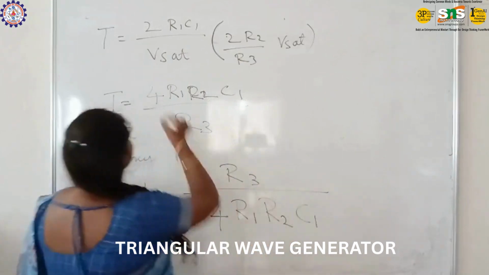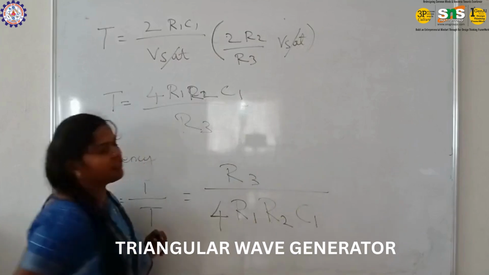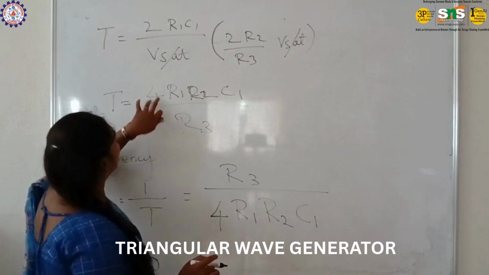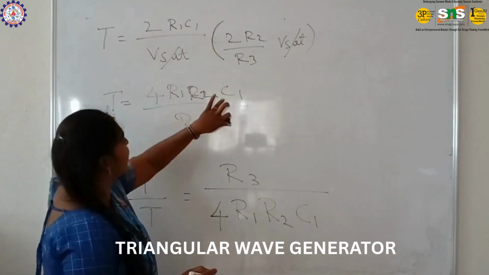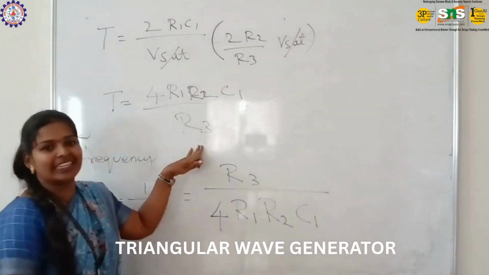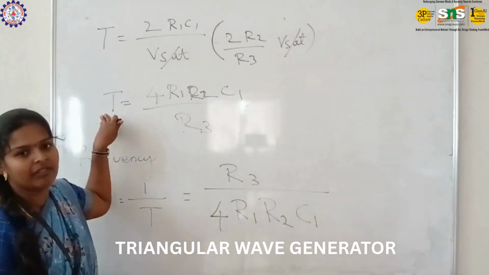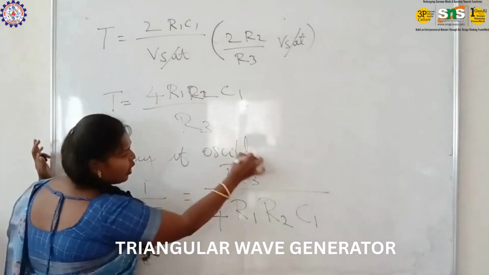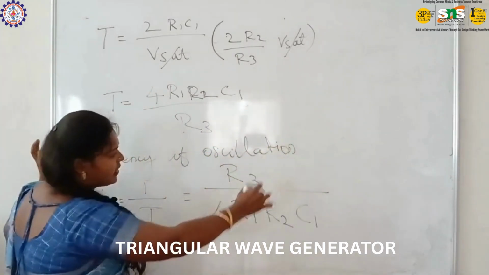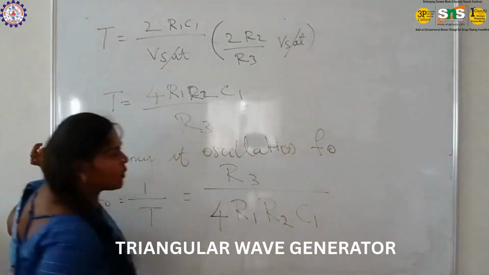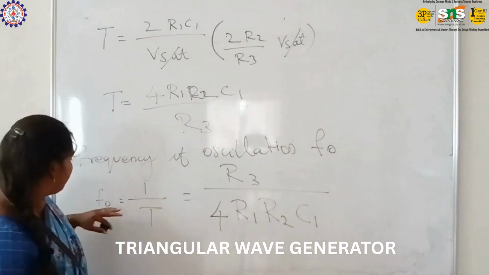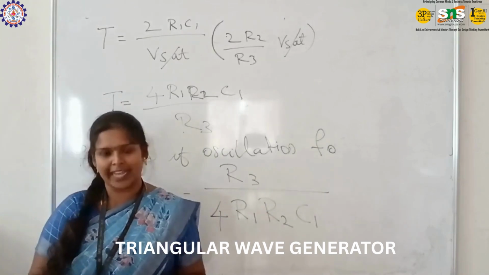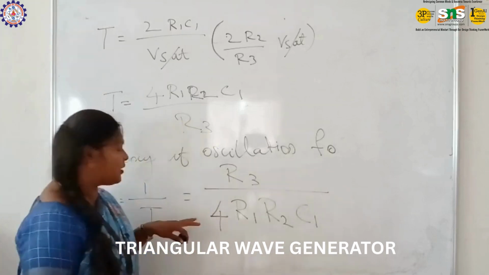Now this V saturation and V saturation will be cancelled. After that, 2 times 2 is 4, so 4 R1 R2 C1 divided by R3. It is our T value. By using this T value, we will find the frequency of oscillation, F0. F0 equals 1 by T. Normally we know that frequency is the reciprocal of time, so time is the reciprocal of frequency.